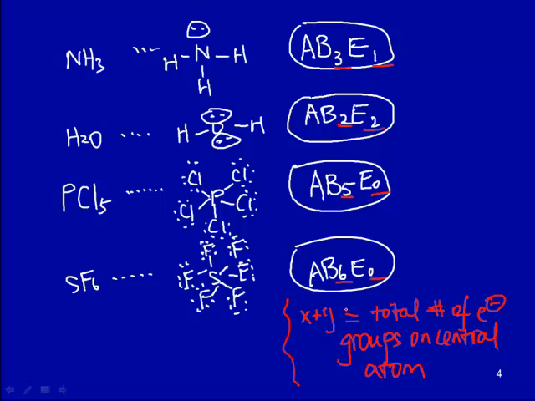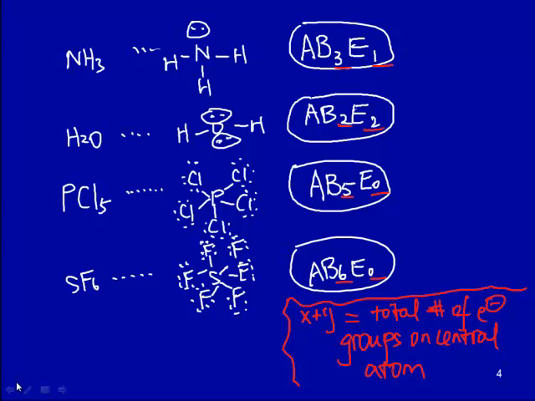So this is crucially important. It's how many bonds you have. That is very obvious for the X, and you have to be very careful about the Y, the number of lone pairs. Total number of electron groups.